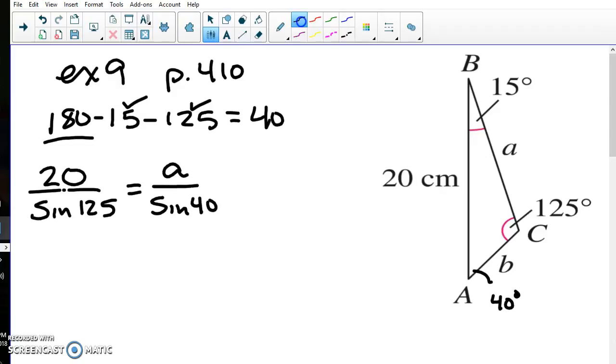So let's go ahead and solve this one quickly.